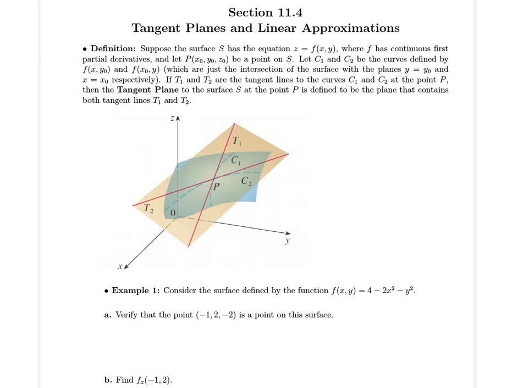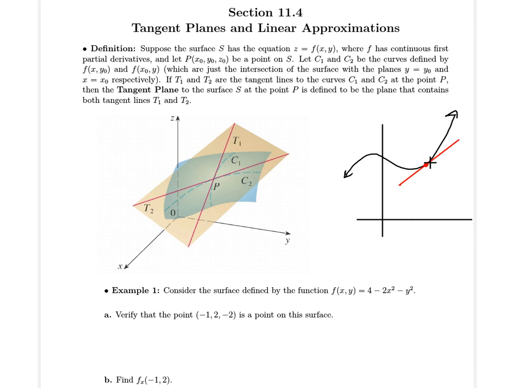In this section, we're going to take another Calc 1 concept that we studied at length in Calc 1 and extend it to 3 dimensions. So in Calc 1, we had lots of situations where we were given some sort of a function, and then at a particular point on that function, we were asked to find a tangent line to the function at that point.